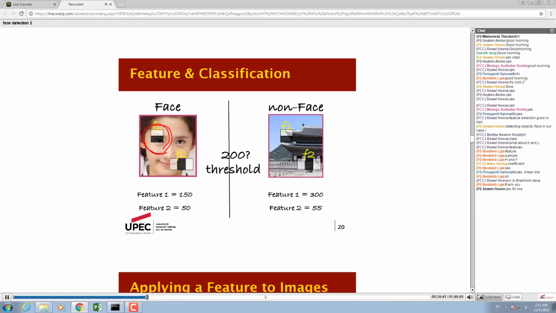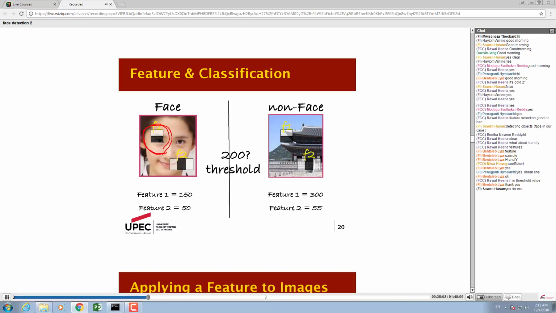F1 is a two-rectangle Haar-like feature, vertical one. And F2 is a three-rectangle Haar-like feature, horizontal one. So these are just two from 180,000, just examples for explanation.